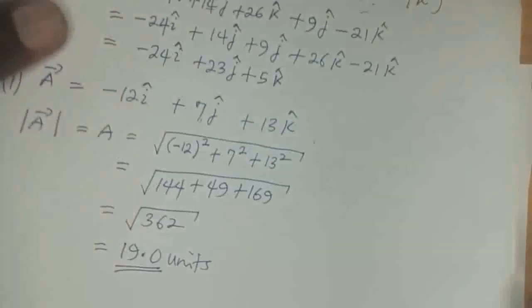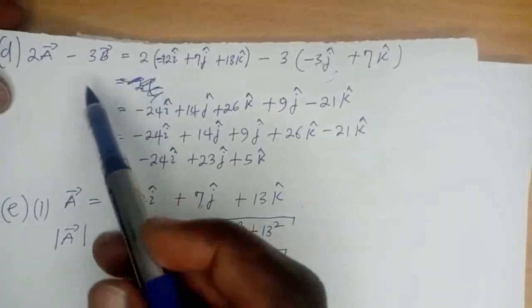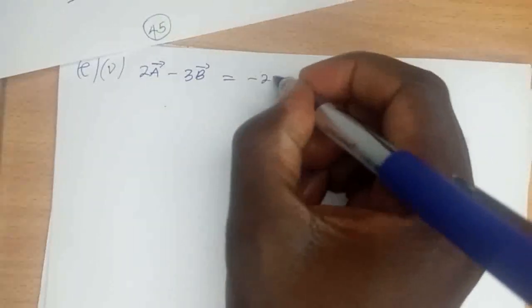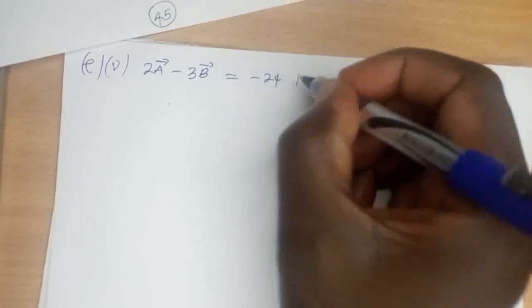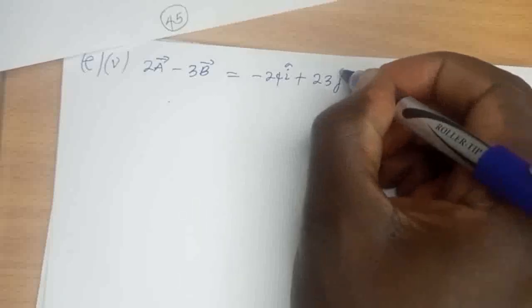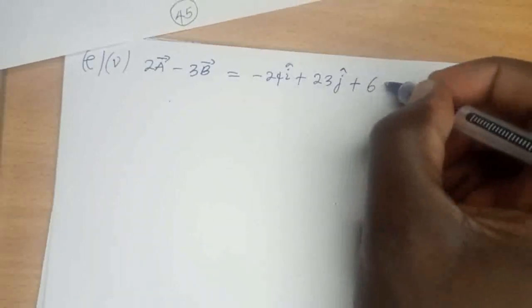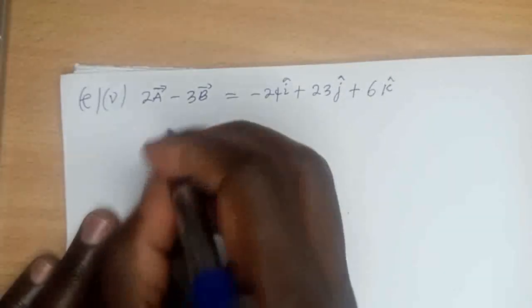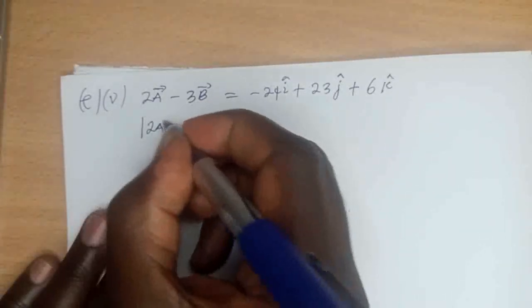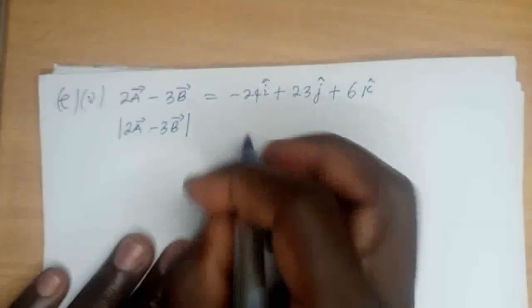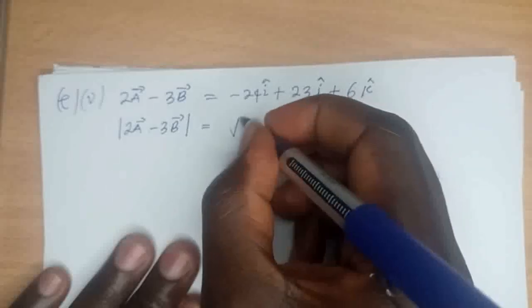You see, this is what we got for 2A minus 3B: negative 24 i cap plus 23 j cap, then plus 6 k cap. Now if I want to get the magnitude of this one, I will say the magnitude of 2A minus 3B, this is the way you should represent it, is equal to the square root.